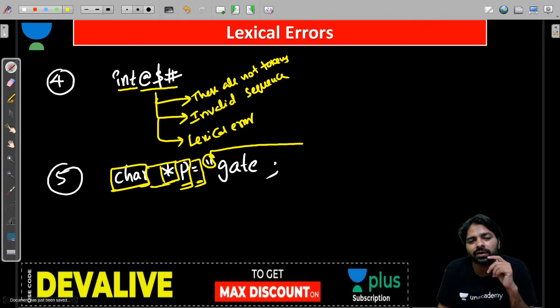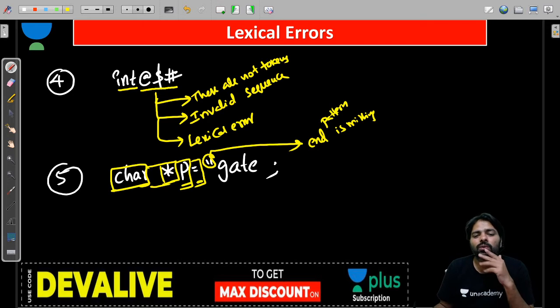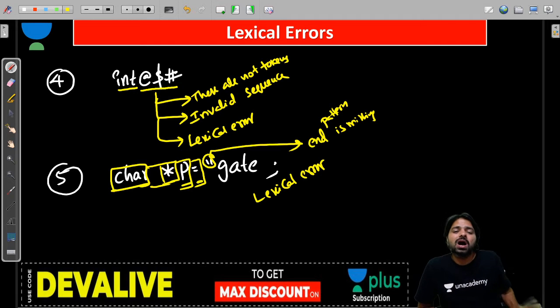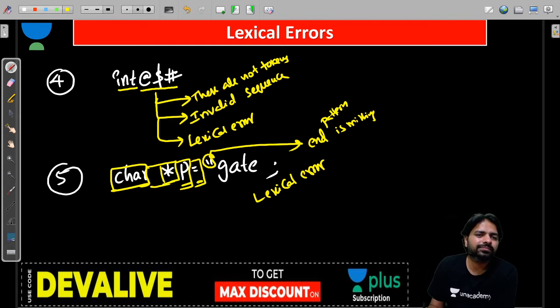It will try to find where the end is, the double quote, the end is missing, the end pattern is missing, there is a double quote. So this is also a lexical error. When there is a lexical error, don't worry about syntax, semantic, or how many tokens. Meaning, do not apply them.